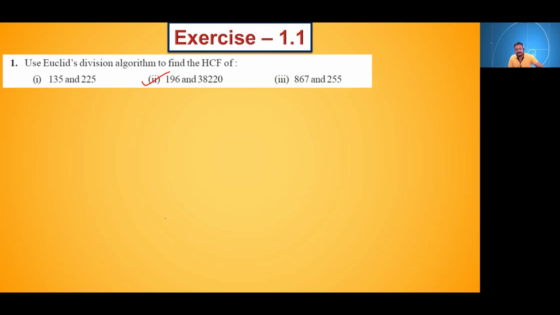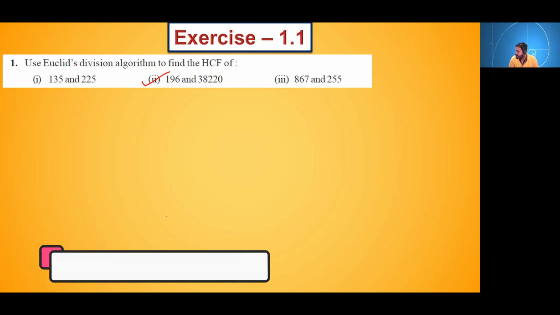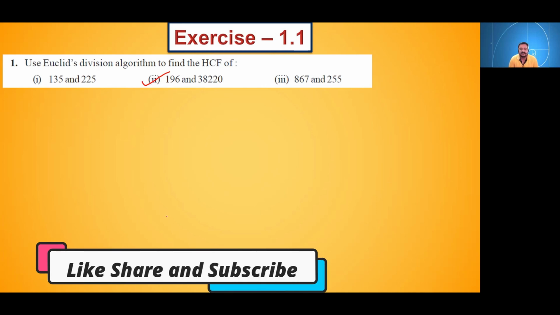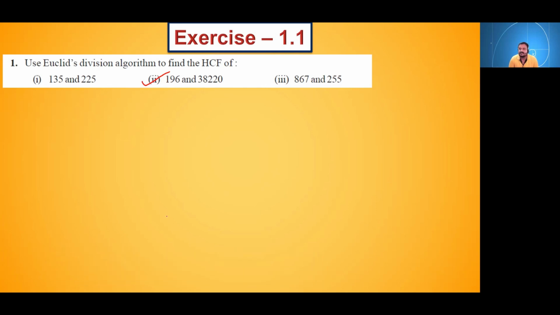For last year's students, this topic was not there. Euclid's division lemma उनको नहीं था, but for your syllabus it's there. So in question number 1, the second and third, you will do it by yourself. Tomorrow we will continue with the second question of this exercise. You can find out the answers now also.